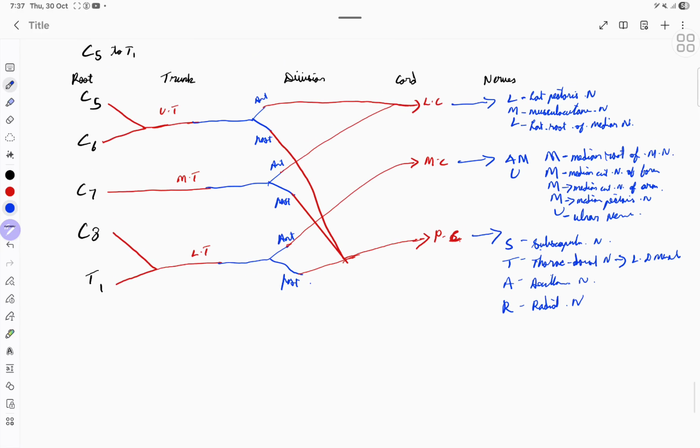We can localize a lesion to a root, trunk or peripheral nerve with simple tests. The C5, C6, C7 roots will form a specific nerve, which is the long thoracic nerve, which will supply the serratus anterior.